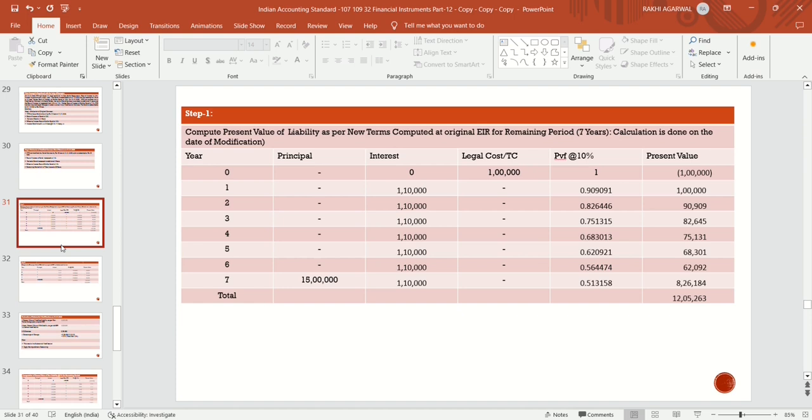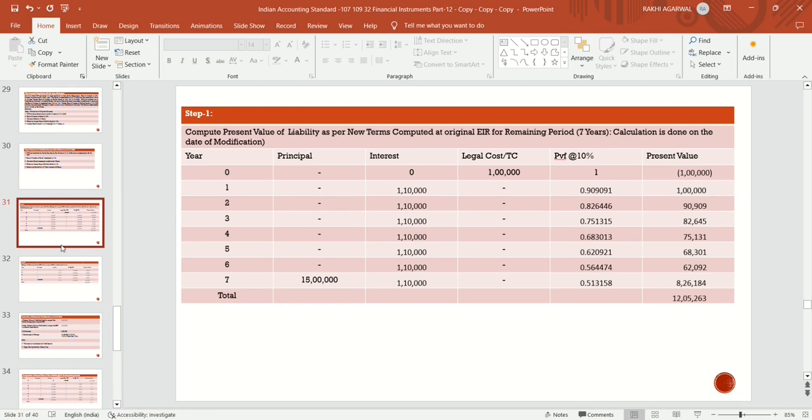So we compute the present value factor at the rate of 10% for 0 to 7 years, and then multiply the principal plus interest plus legal cost by the present value factor. So it becomes the present value of the liability as per new terms computed.